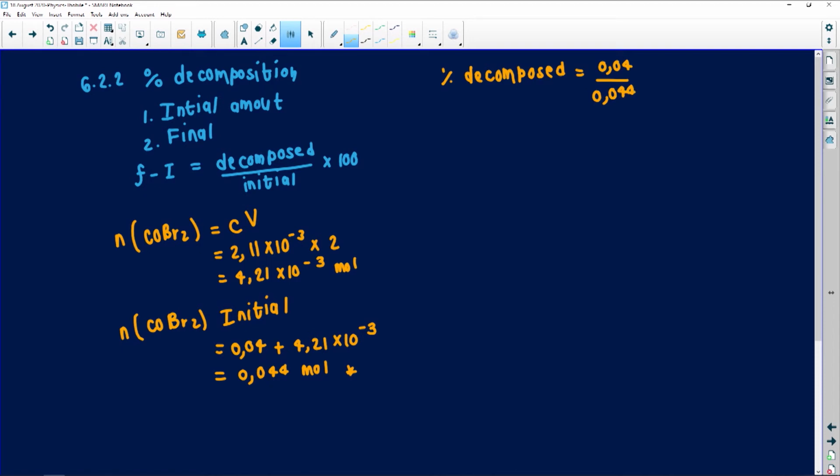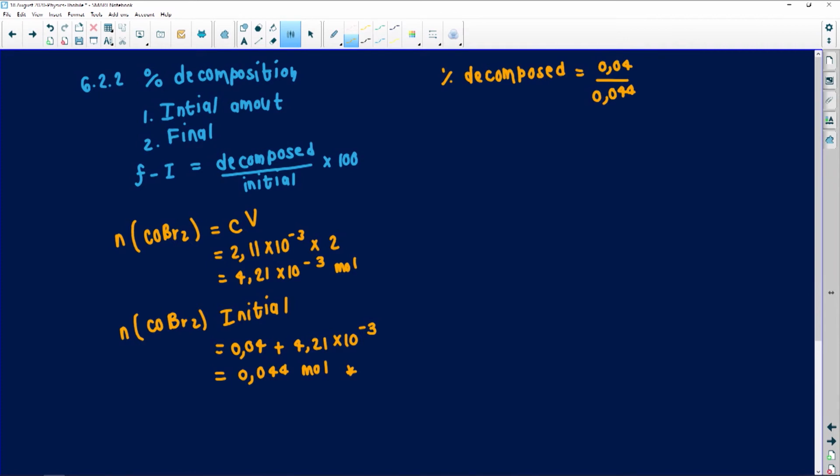Just a tip: if you're not so sure about an answer, make sure that you substitute it correctly moving on, because the examiner will give you a mark for continuous assessment. They'll say she didn't quite get it right, but because she knew that this initial amount must be used in this place of the decomposition formula, you might get a mark. So make sure that you keep that going.